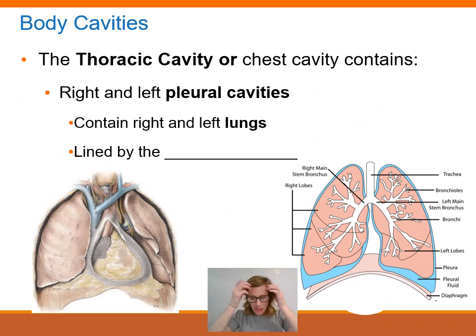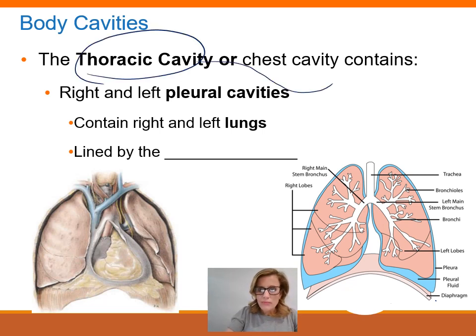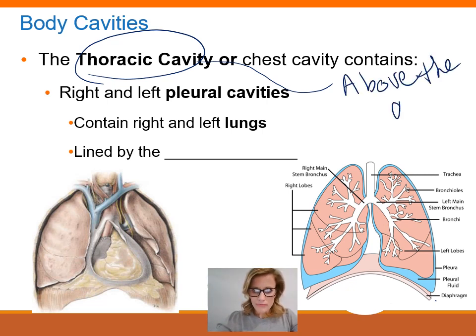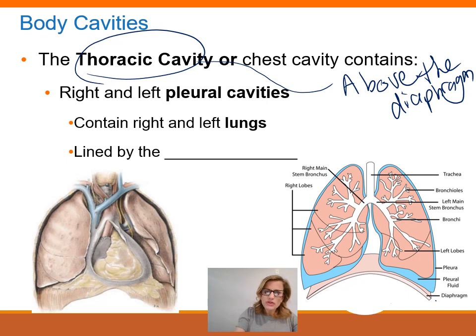All right, guys, so we're going to look in more detail at the thoracic cavity or the chest cavity. Remember that the thoracic cavity is the area above the diaphragm. So if you look at this picture down here, this tissue, this is all showing you the diaphragm.